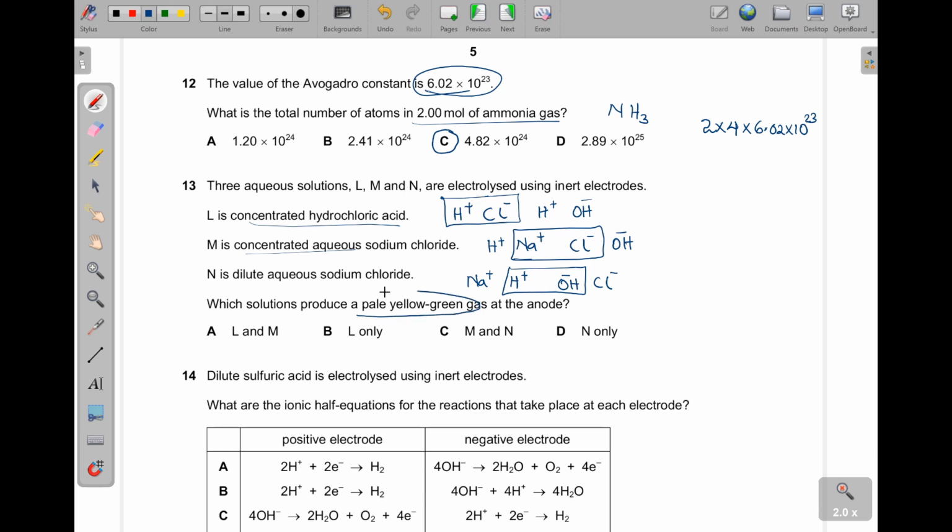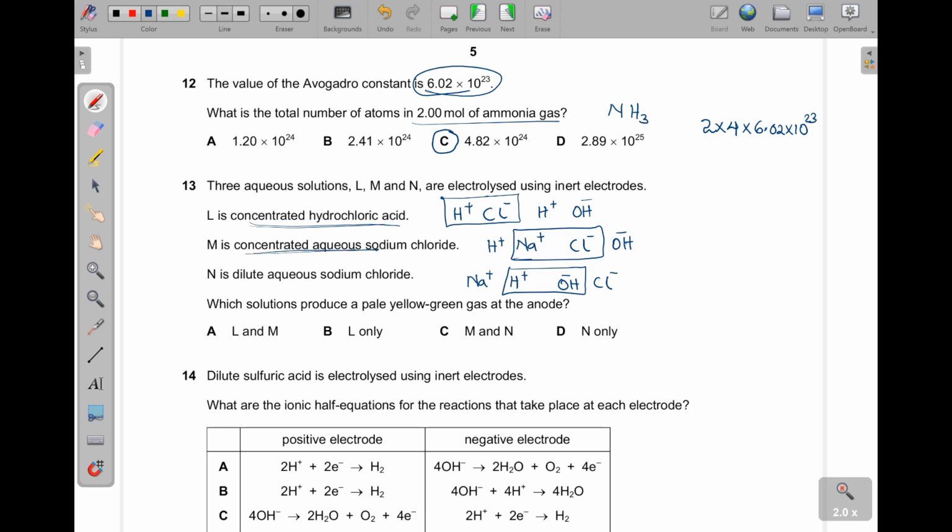Pale yellow gas is chlorine. Chlorine is going to be produced at the anode where the solution is concentrated. So it has to be L and M.